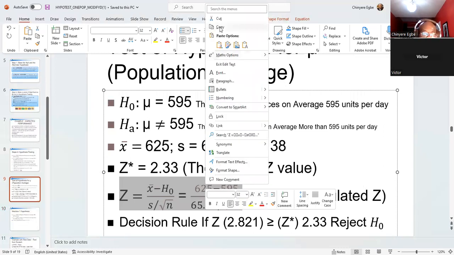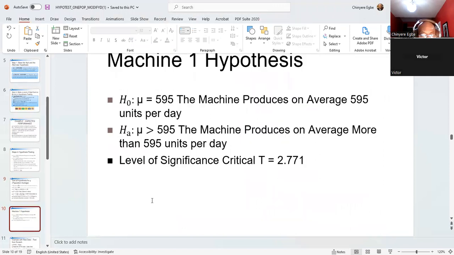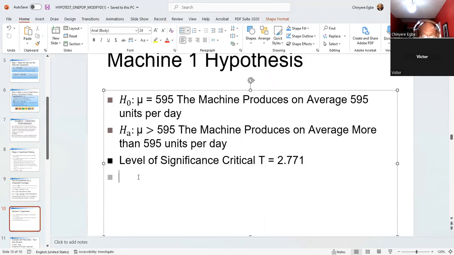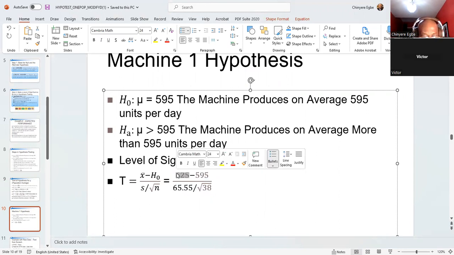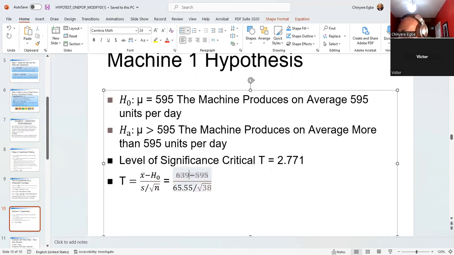Copying formulas so that we don't have to spend all that time. So we're going to calculate the T. It's equal to that. So we got 639, am I correct? 639.09. Yeah, 639.09.